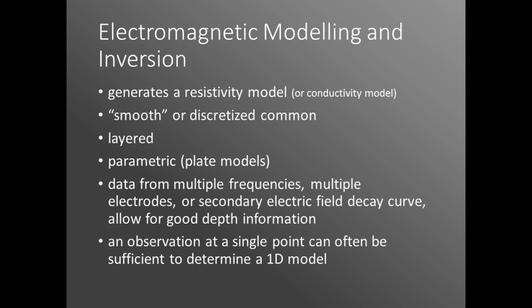But that's not to say there aren't layered models out there. Adam actually already showed an example of a layered inversion. And sometimes you'll hear something called a plate model, which is often used to model a conductive target. And people still do this. I actually wrote some of the popular software out there. And that would be an example of a parametric model for EM data.